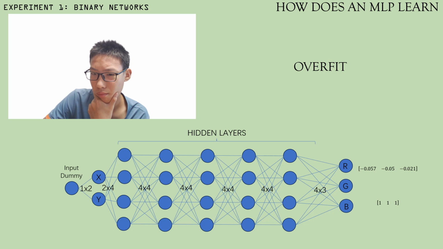So how do we know if a model overfits? We use training loss and validation loss. For MNIST, there's a training dataset of handwritten digits, and there's a validation dataset of handwritten digits.